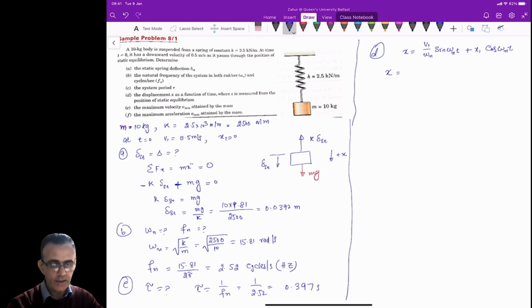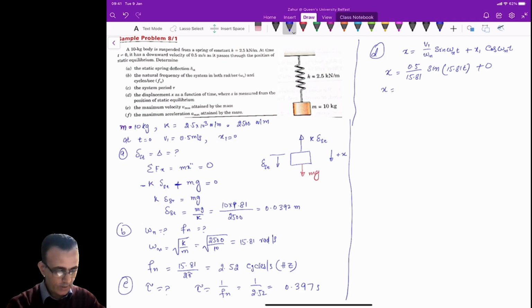So x can be calculated as v1 divided by omega n. v1 is 0.5, and omega n is 15.81, using the value in radian per second, and then sine 15.81 t, and x1 is 0, so plus 0.